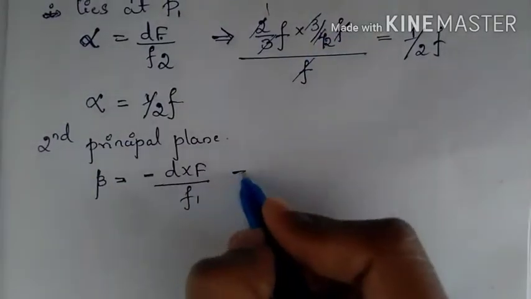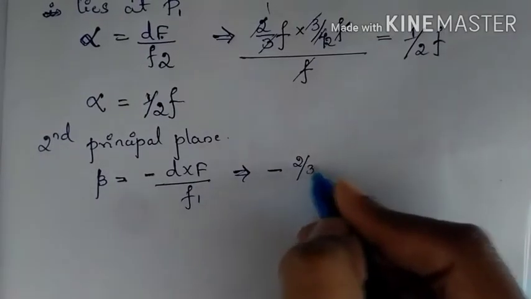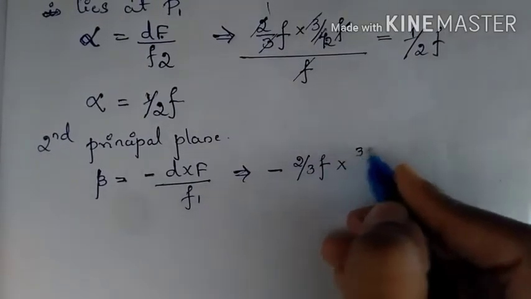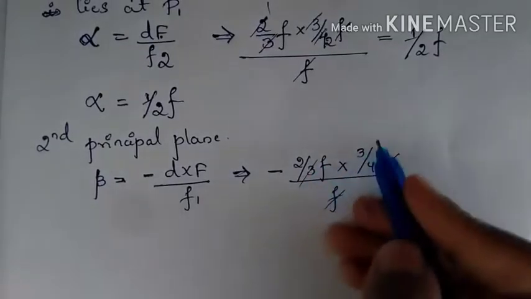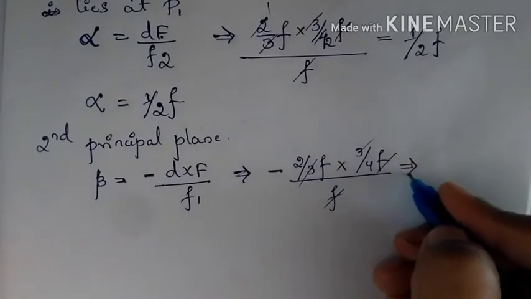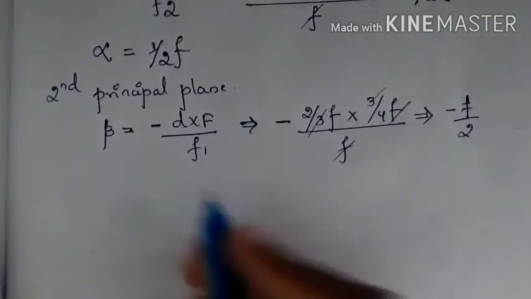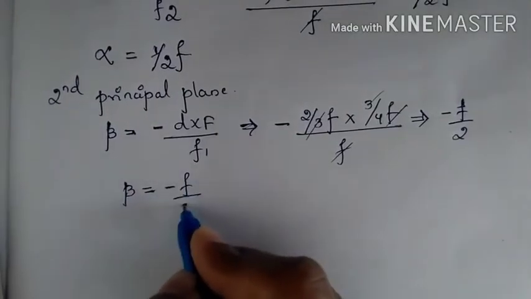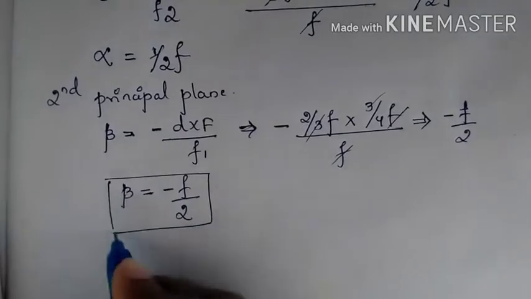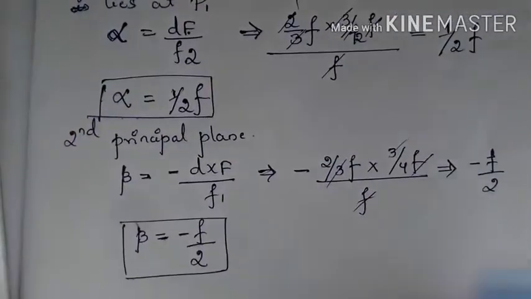And the same thing is here. So minus d is 2 by 3f multiplied by 3 by 4f divided by f. So f will get cancelled, 3 will get cancelled. What remains is minus f by 2. So that means beta is equal to minus f by 2. Alpha, what you got? Plus f by 2. Beta is minus f by 2.